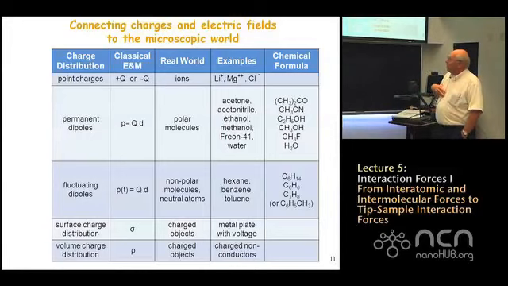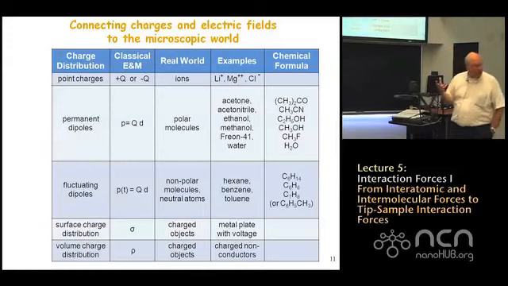You can talk about molecules that have permanent dipoles, and those molecules tend to be polar. You can look up in textbooks what polar molecules are; I list a few of them. These polar molecules will have permanent dipole moments that can interact with one another through the electrostatic interaction due to dipoles.